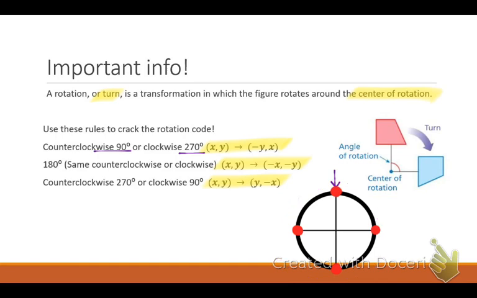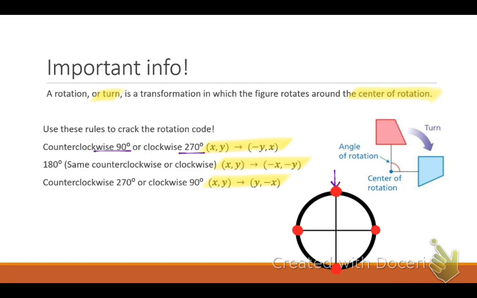And then 180 degrees, because I'm meeting down at the same point either way I go, it doesn't matter if it's counterclockwise or clockwise. It's the same point. Again, understanding the circle is not necessarily make or break, but that gives you an idea of why these ordered pairs match with which rotations. Do you have it written down? Yes, ma'am. Okay.